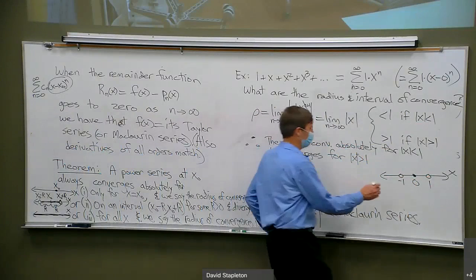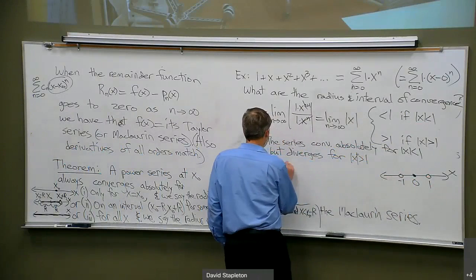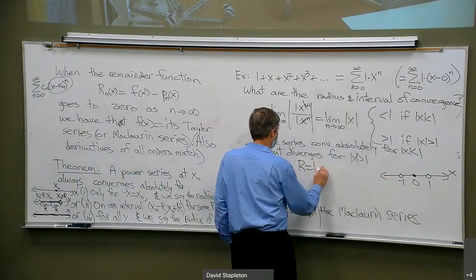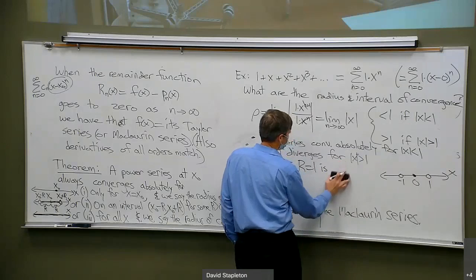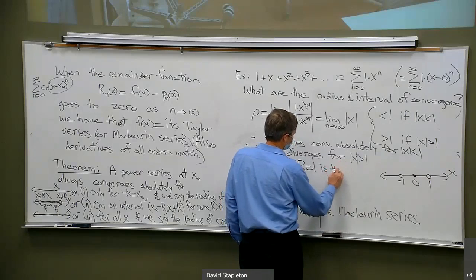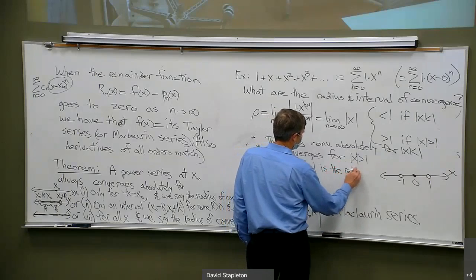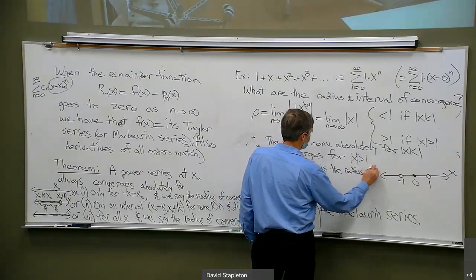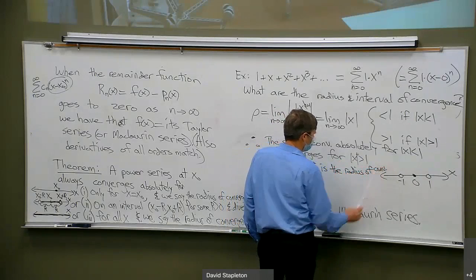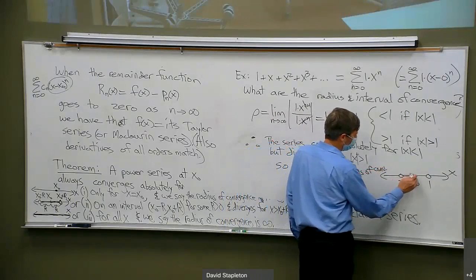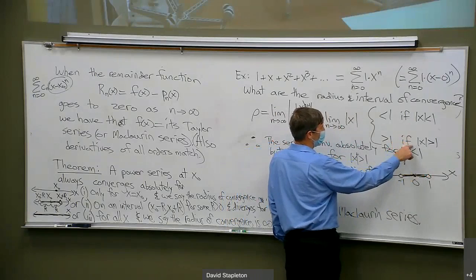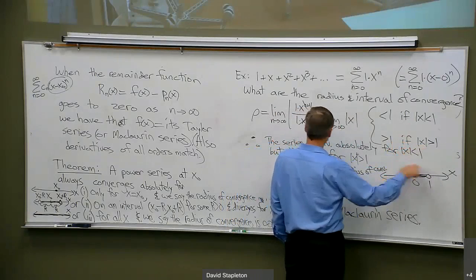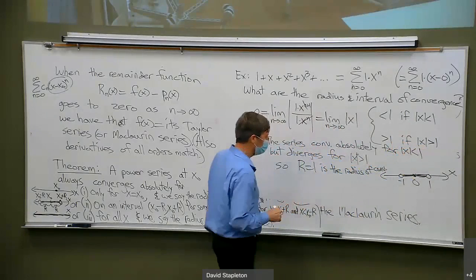So this one now has radius of convergence 1. We immediately know also from this part that it diverges out here, just as was predicted by the theorem.